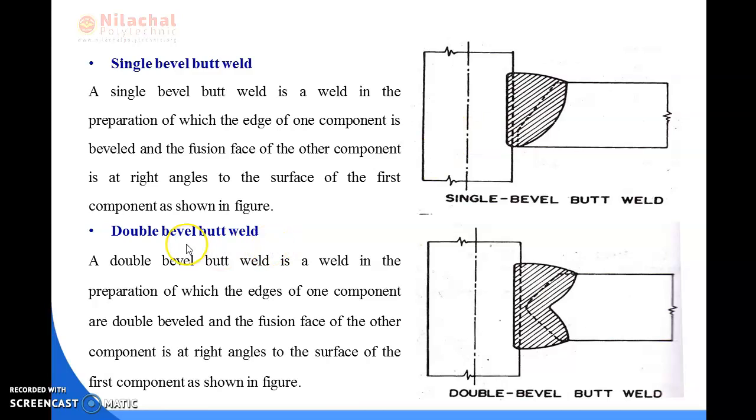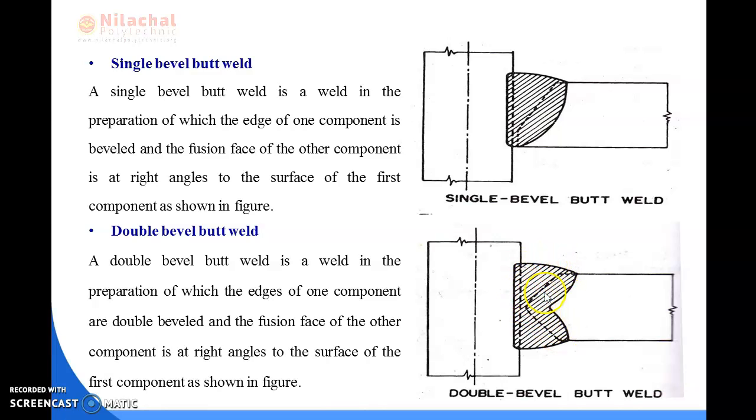So now comes to double beveled butt weld. In case of double beveled butt weld, you can see in this figure, the plate is cut on both sides.